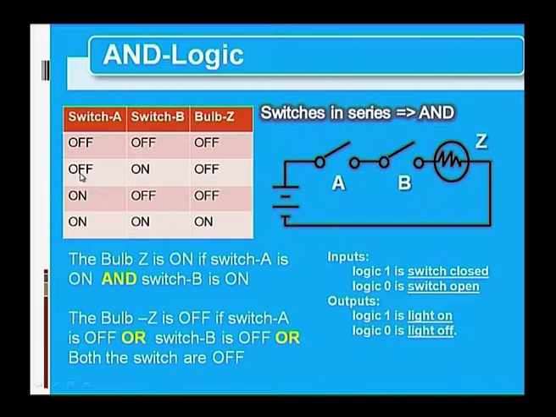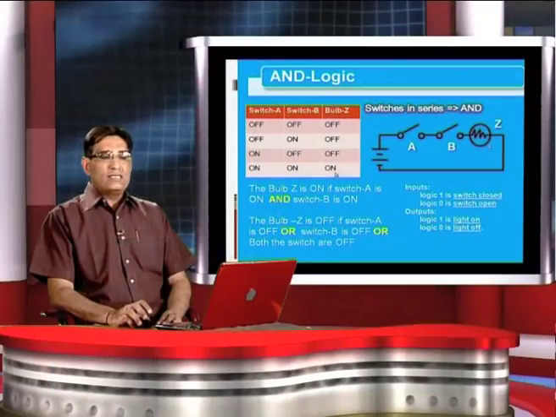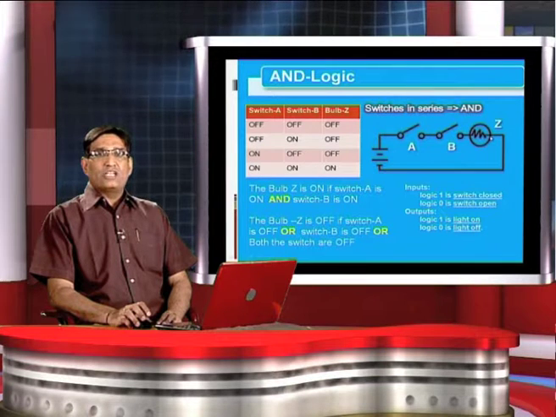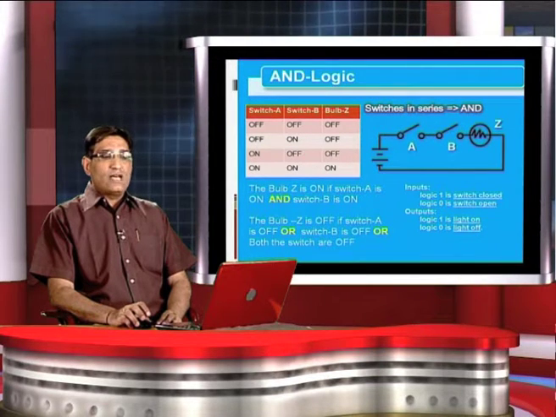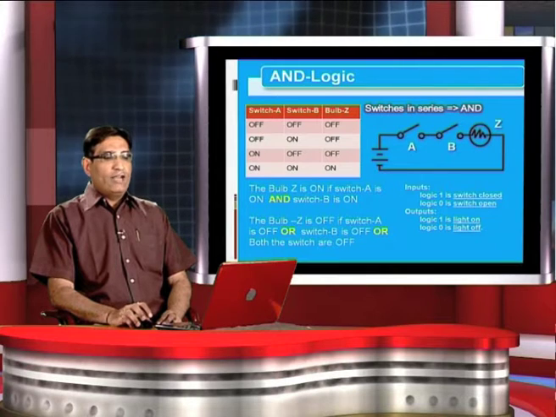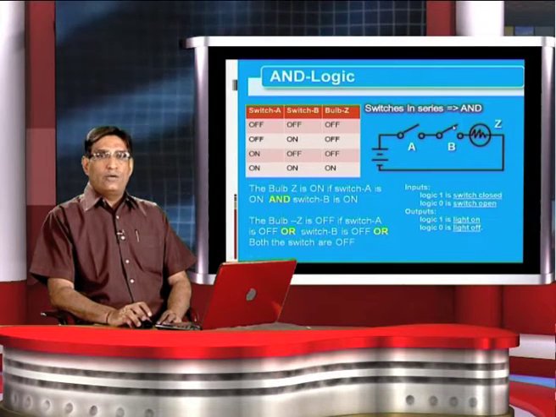If switch A is off but B is on, then still the bulb is off. If switch A is on but B is off, then still the bulb is off. If A is on and B is on, then the bulb is on. That means AND logic is nothing but switches in series. That means the outcome will be true if and only if the inputs are true.